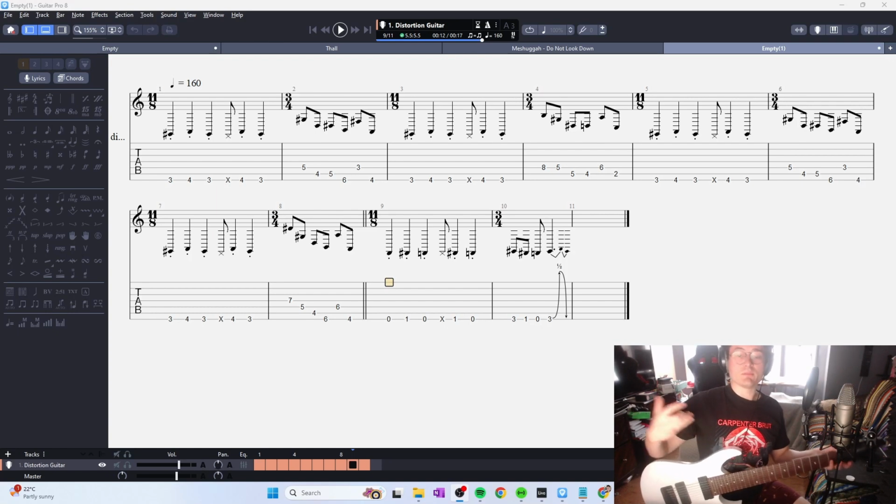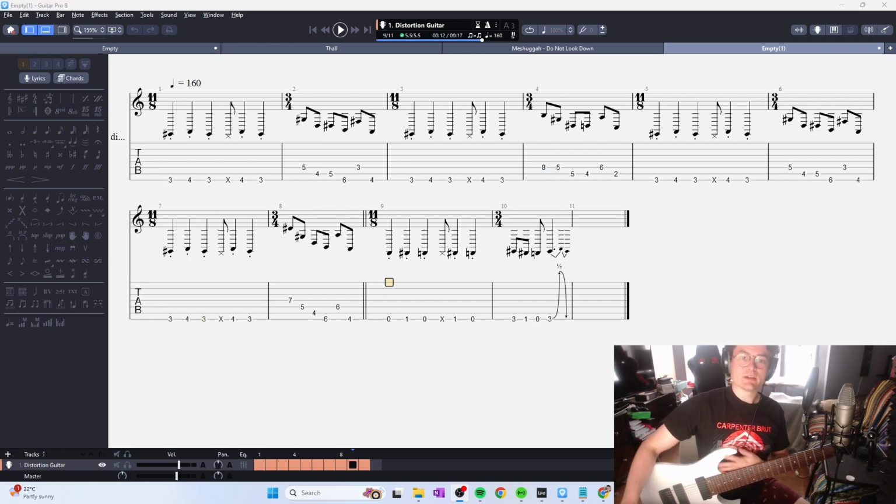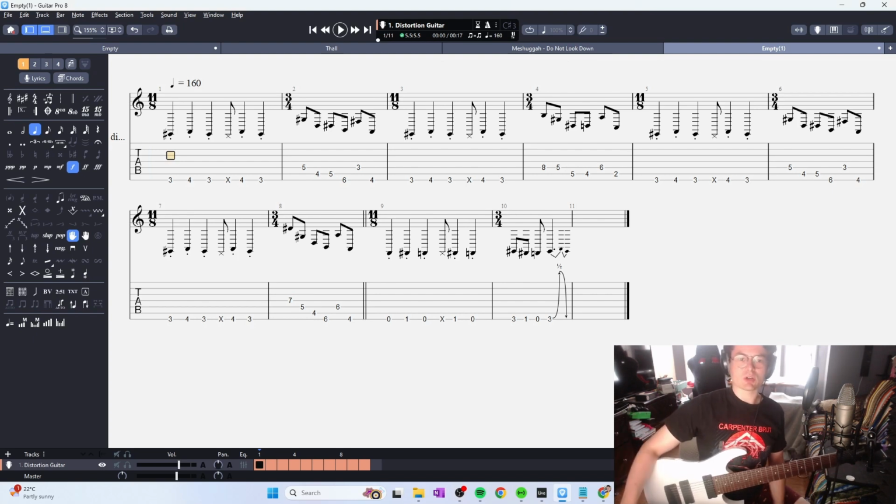As an example of how Meshuggah uses motifs for writing and developing songs, we can take a look at Do Not Look Down. Here, one thing that I've done to make the guitar part a little bit more comprehensible is that I've written this out in terms of just what the guitar is doing. We can see that it's alternating between 11/8 and 3/4.